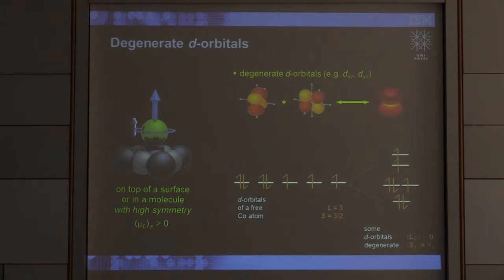You can imagine this in a hand-wavy way, basically by picturing two orbitals and then say, well, if they are degenerate, they build more of a ring that allows the electron to orbit around, and that basically is where your orbital moment comes from. So if you have degenerate levels, you can have orbital moment that remains in your system, even though it can be placed on a surface.